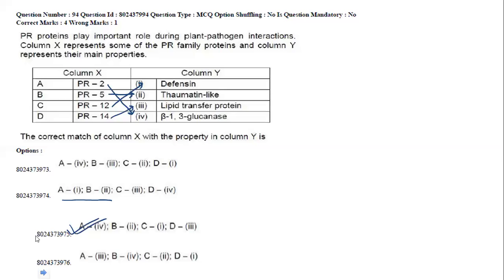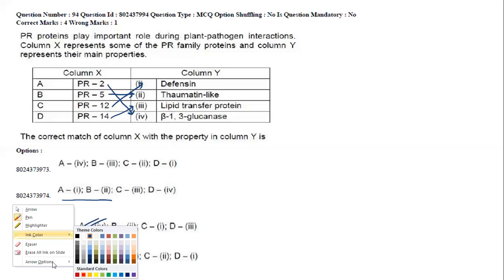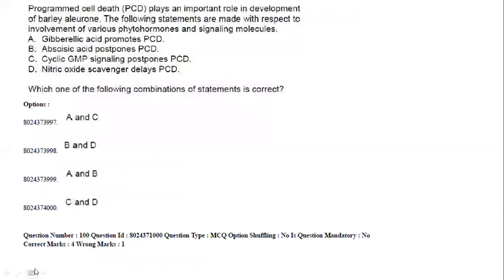Now next question. Programmed cell death, or PCD, plays an important role in the development of the aleurone layer. With respect to the various involvement of phytohormones and signaling molecules, which of the following is correct?